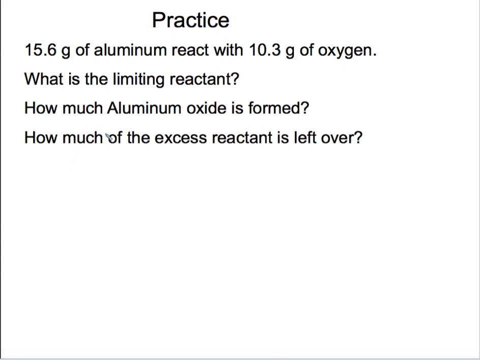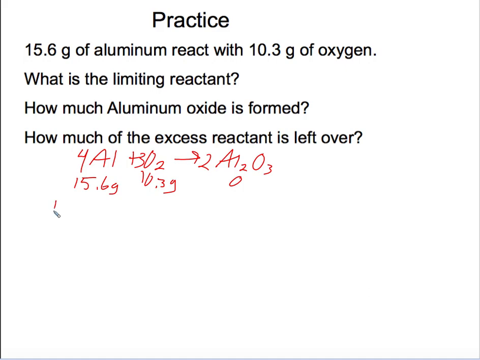So we have aluminum reacting with oxygen to produce aluminum oxide. So we have Al plus O2 produces Al2O3. Balancing this, we put a 2 here, we put a 4 here, and put a 3 in front of the O2. So we had 15.6 and 10.3 grams. I need moles.